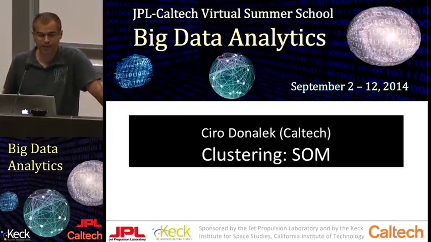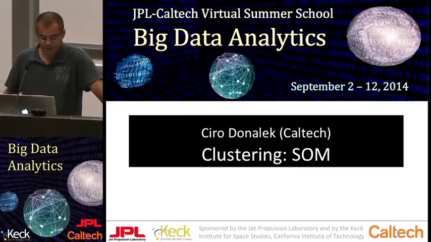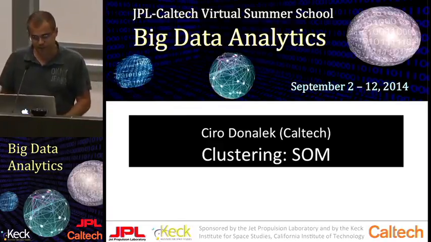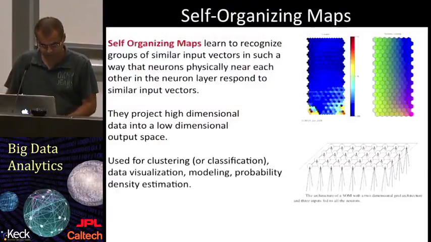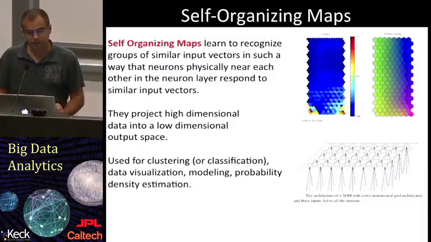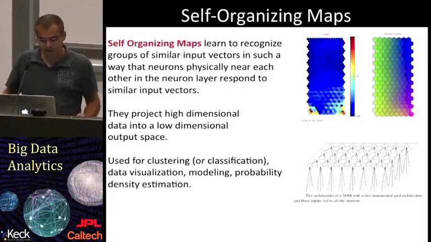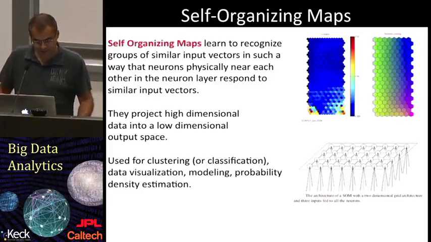with this model. Self-organizing maps are also called Kohonen maps, from the name of the Finnish professor, Teuvo Kohonen, who can be considered the father of this model. In a few words, SOMs learn to recognize groups of similar input vectors in such a way that neurons physically near each other respond to similar input vectors.